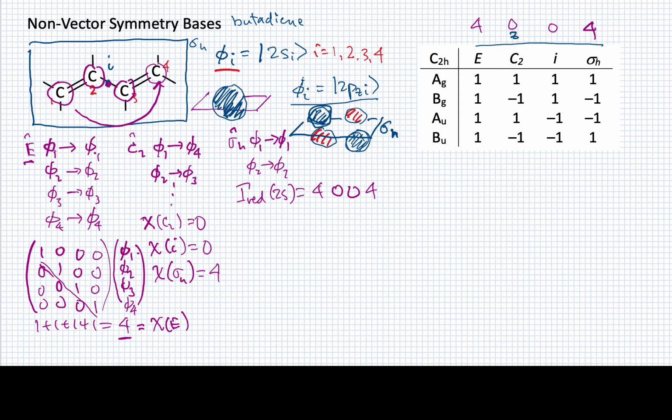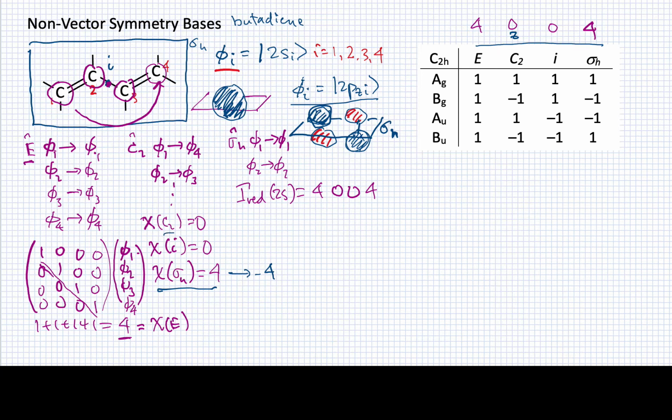So what does that mean? Well, essentially all of the work we've done here for the s orbitals would be the same for the pz orbitals, except for one. This character here will turn into a -4 when I have the p orbitals, because they flip when we use the sigma h reflection.